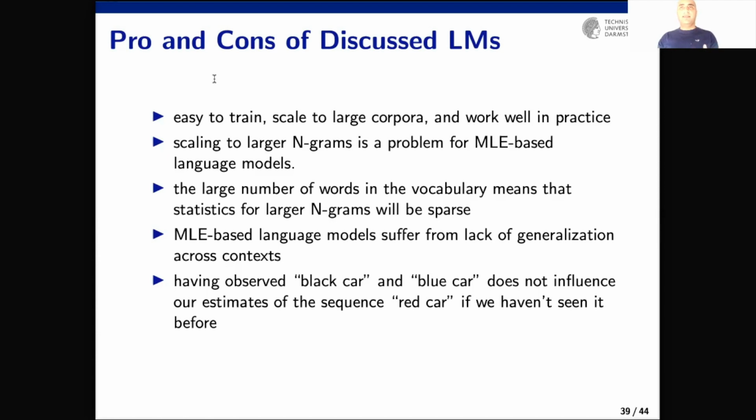Mainly because it has not been observed during training. But as humans, we know that black, blue, and red are related to each other semantically. In other words, traditional language models do not use linguistic information. They only focus on statistics of the language, to see how often words co-occur with each other in a training set.